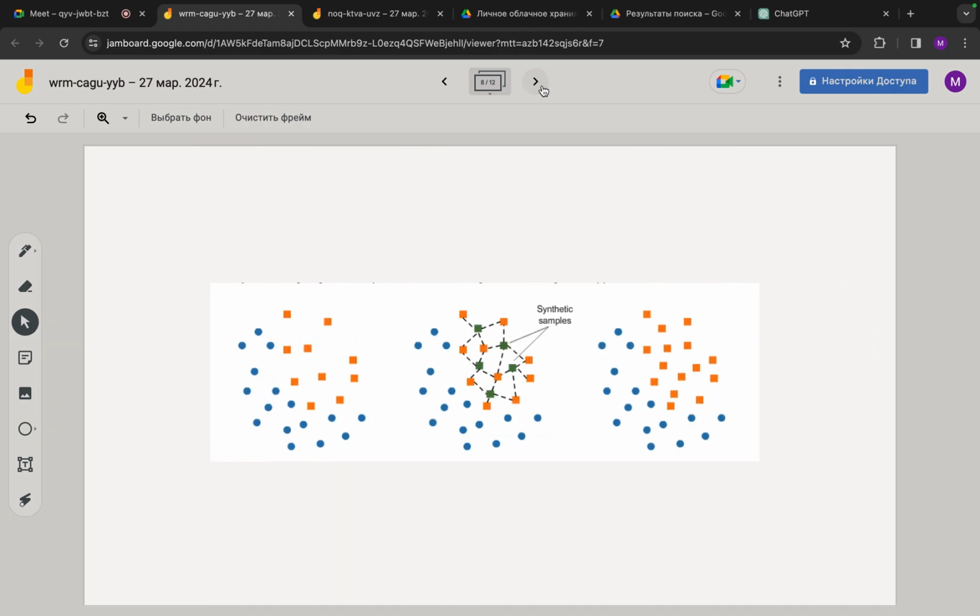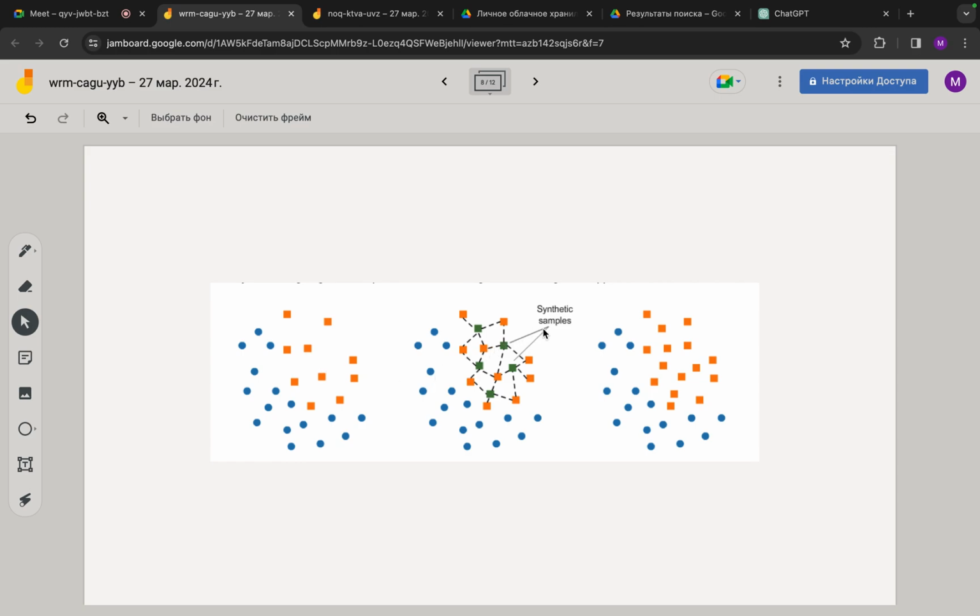The next method is called SMOTE. It stands for synthetic minority oversampling technique. It creates synthetic examples of the rare class by combining original examples, using a nearest neighbors approach. As you can see here, we have the blue majority class and the orange minority class.